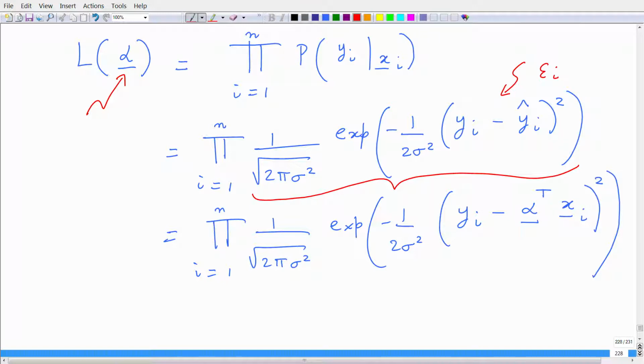Now, I can use the vector formulation for my estimate of yi, and I plug that in. This gives me alpha transpose xi, and you have to note that all of these are essentially scalar quantities. Now, I have this in a product form which looks quite messy, and I can simplify this likelihood function by taking the logarithm of this function.